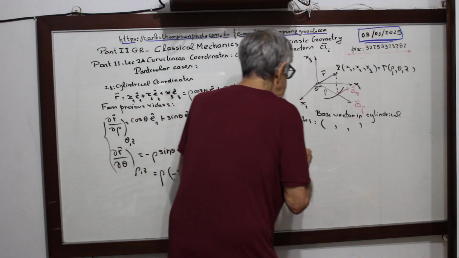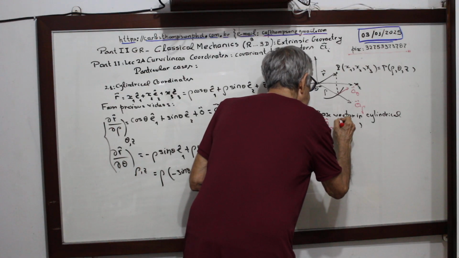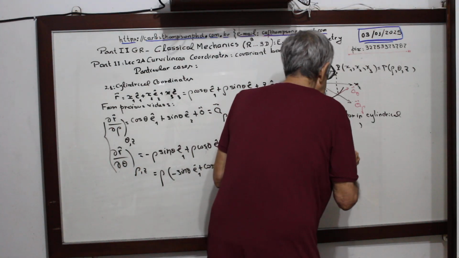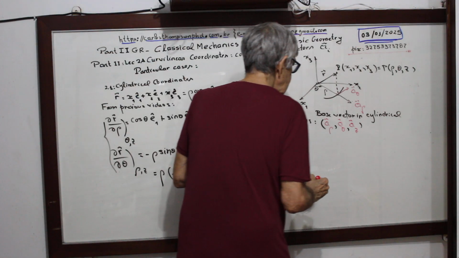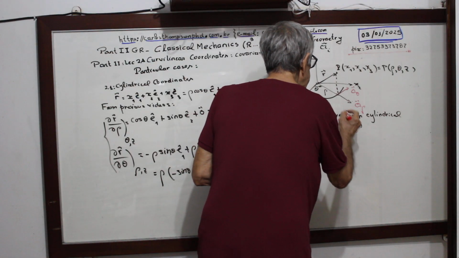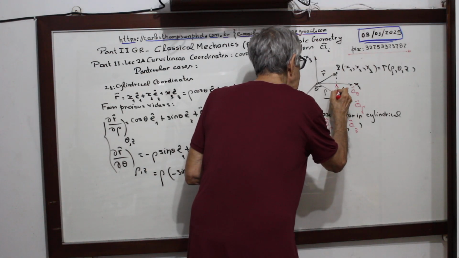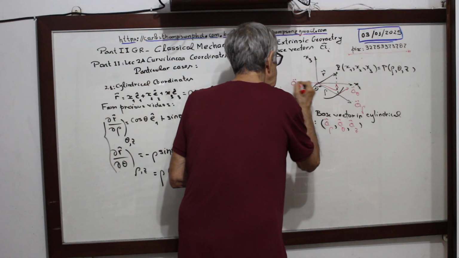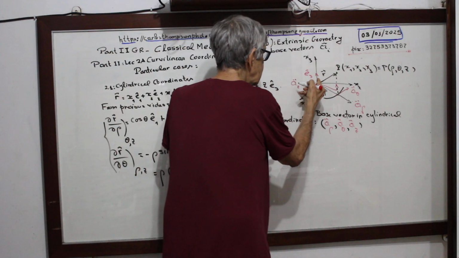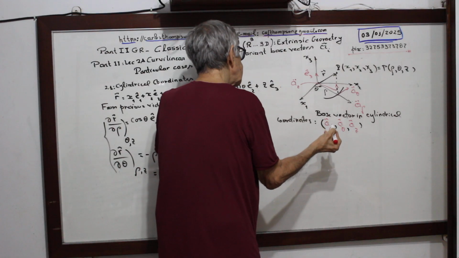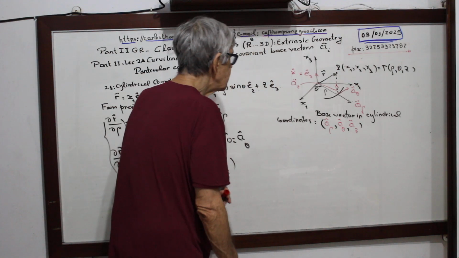So this is A rho, A theta. Now I'll write A z. But A z is perpendicular. This is A z, which is the same as e3. In the traditional notation, this is the unit vector k.